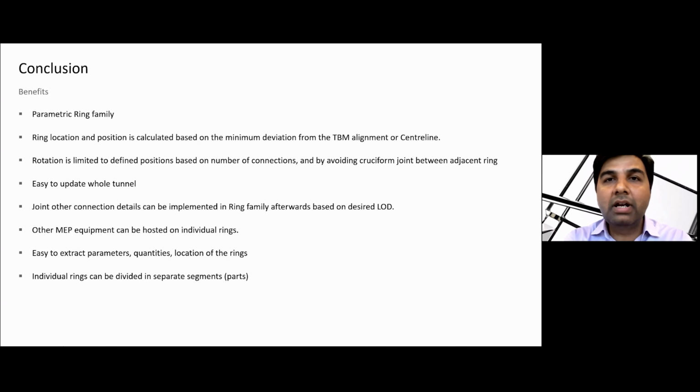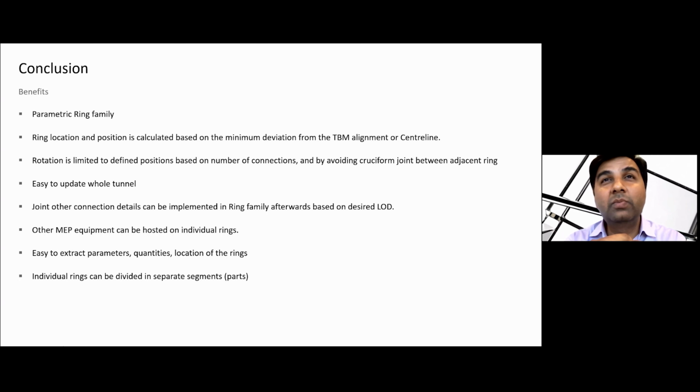If we used a separate family for each ring, we would have to load all the different rings and it would increase your file size. It is very effective for big projects. For example, in the previous example I modeled more than 2,400 rings, and the file size is not more than, I think, 50 MB for the Revit file.